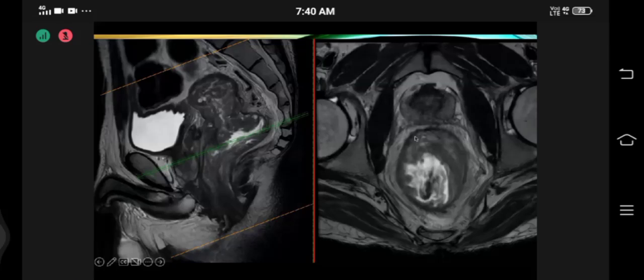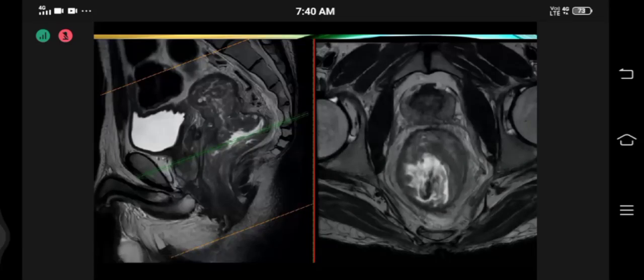This is how we see it on the axial. This is called the oblique axial view, and this is a small FOV oblique sagittal view. The sagittal view is used for planning the MRI, and the axial views are taken perpendicular to the tumor rather than perpendicular to the body. If we take it perpendicular to the body, that might give a spurious involvement of the mesorectal fascia or adjacent structures.